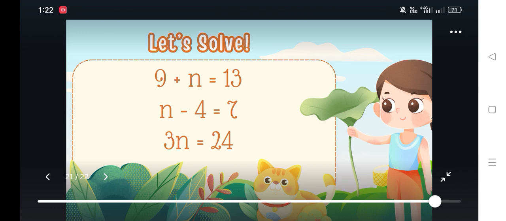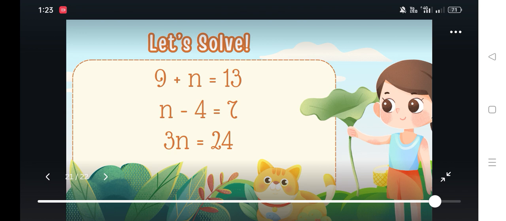How about the second one? Again, inverse operation. Subtraction was used, so it becomes addition. Very good. So it becomes 7 plus 4 is equal to 11. Very good.